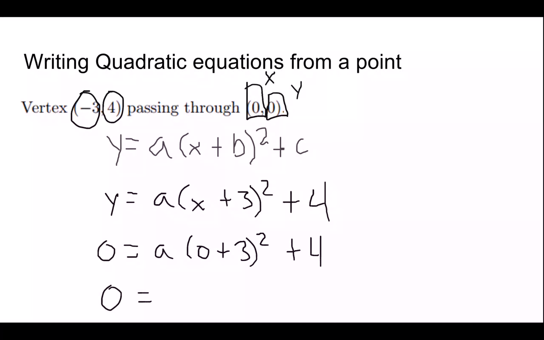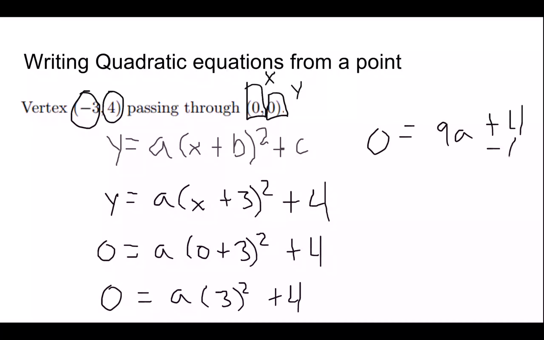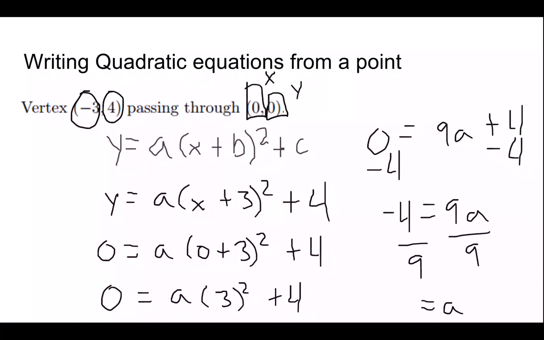So I'm going to get 0 equals a times 3 squared plus 4. 3 squared is going to give me 9, so I'm going to get 0 equals 9a plus 4, subtract 4, get negative 4 equals 9a, and just divide by 9, which will give me that a equals negative 4 over 9.